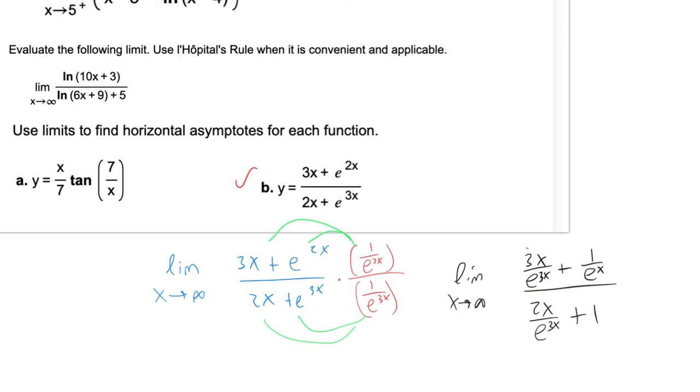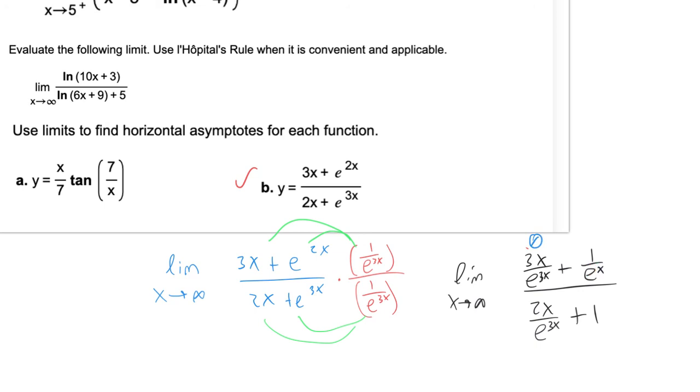So for my students in school, you may remember those notes where an exponential function trumps a linear or polynomial function in terms of how quickly it's increasing. So this bottom is increasing really, really fast compared to the top, which makes this 0. Anytime you have a bottom heavy fraction in that way, that's just going to be a 0. So if you were to plug in infinity, that would become 0.